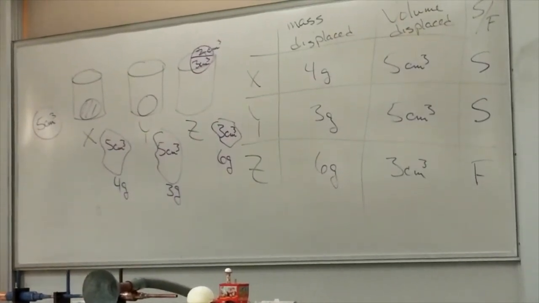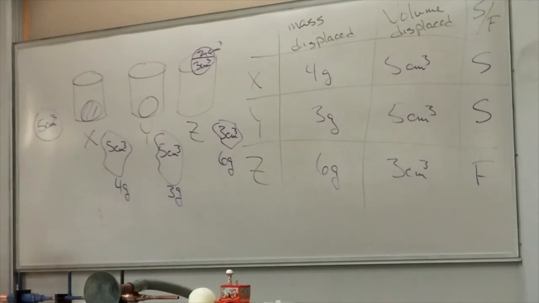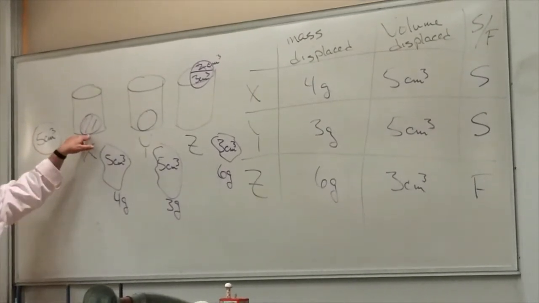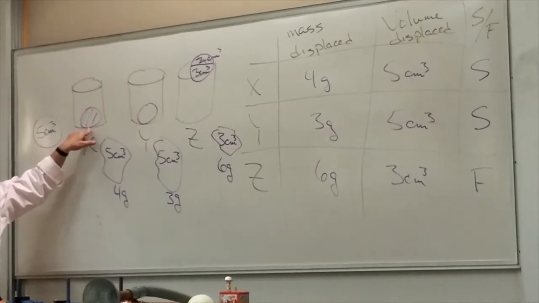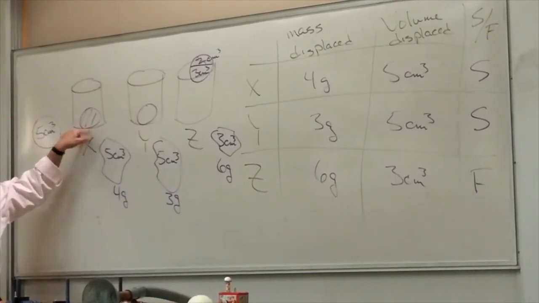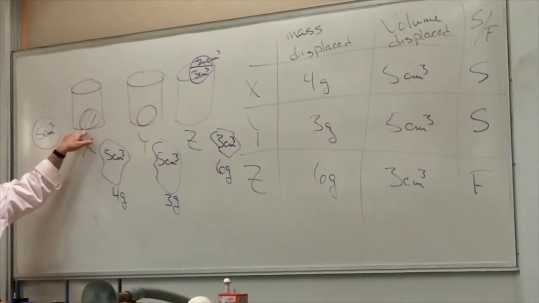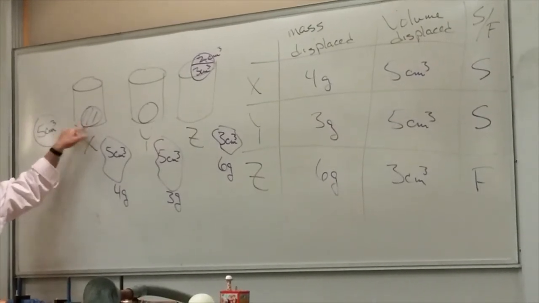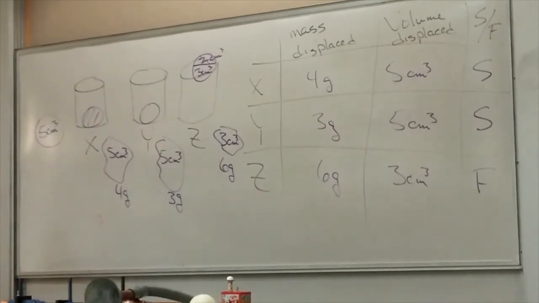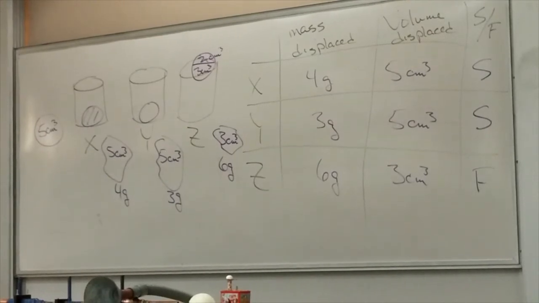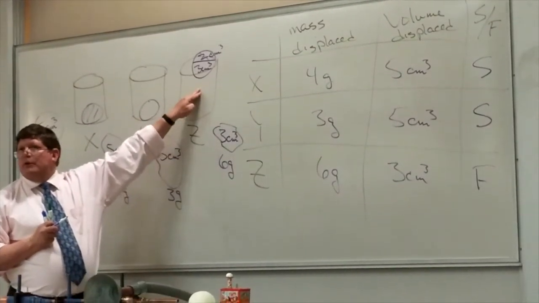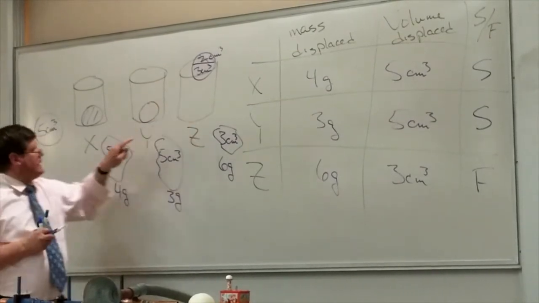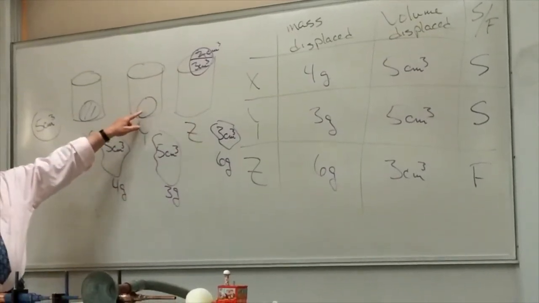Now, here's the big idea. If you want to know the size of something, the volume, the number of cubic centimeters that it takes up, look at an experiment where it sinks. But those experiments will tell you nothing about the mass. If you want to know about the mass, you look at an experiment where it floats. Think about this experiment here.